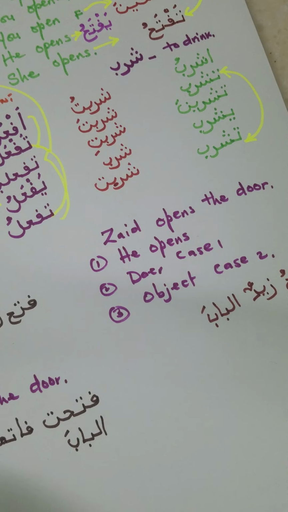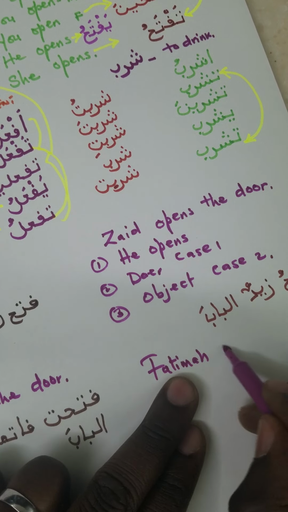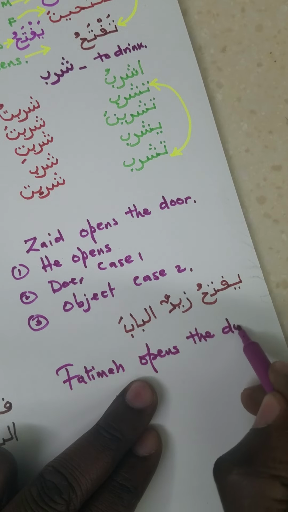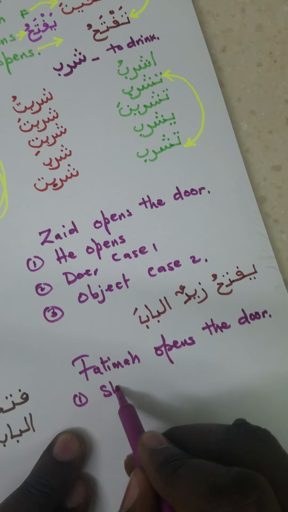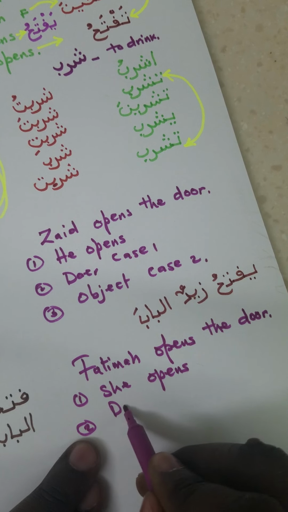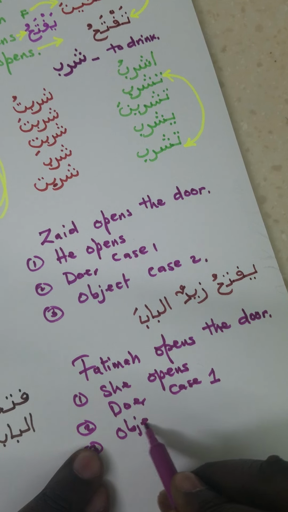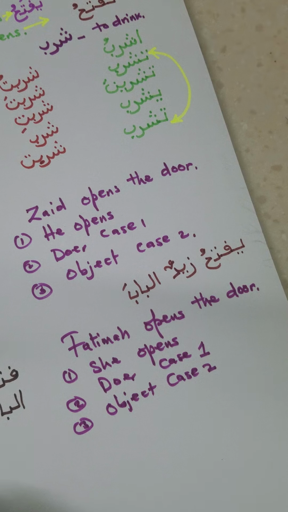And now, the same way, if we want to say Fatuma opens the door. First, I put she opens. 2, doer, case 1, 3, object, case 2. So Fatima opens the door. What are we going to have?